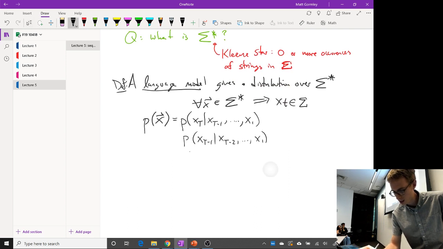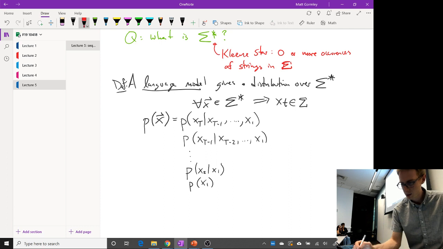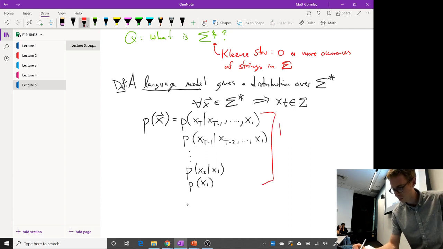And this product would continue all the way down until we get to something like probability of x_2 given x_1 times the probability of x_1. Okay. This is nothing but the chain rule of probability.